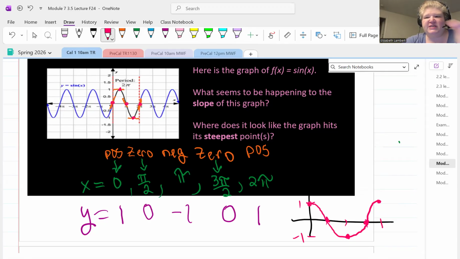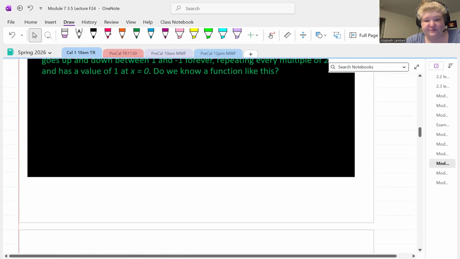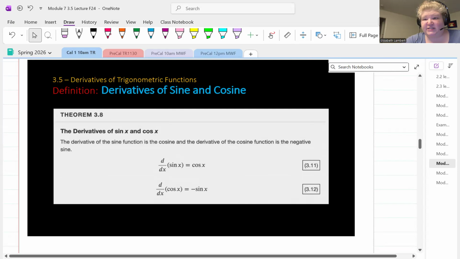So just using our knowledge of the basic sine and cosine graphs, and now our new knowledge of what a derivative is, we can actually figure out that the derivative of sine is cosine. Like we can see it in the graphs. We saw the crazy algebra, and that is our definition. The derivative of sine x is cosine x.